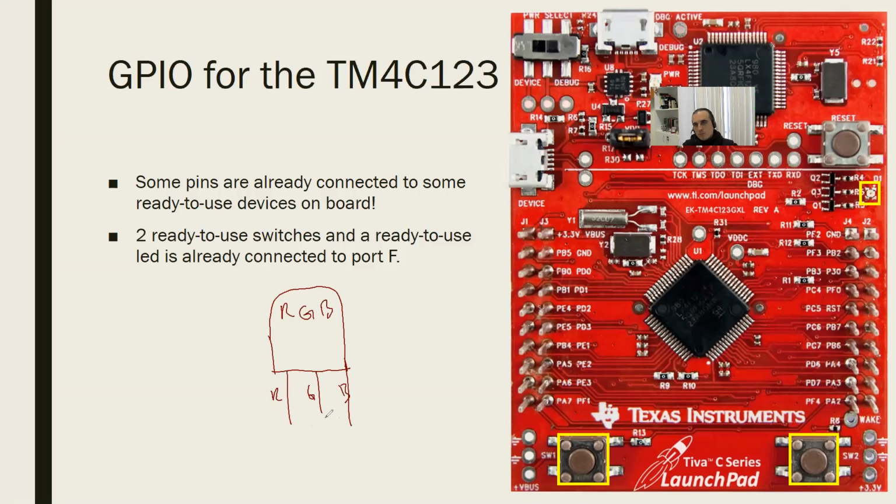So if you just provide logical 1, 0, and 0, it will be glowing red. If this is 0, this is 1, this is 1, it will be glowing green. Or 0, 0, 1, it will be glowing blue. So these are logical values. This is a digital pin. You cannot provide 0.5 because it's either 0 or 1.